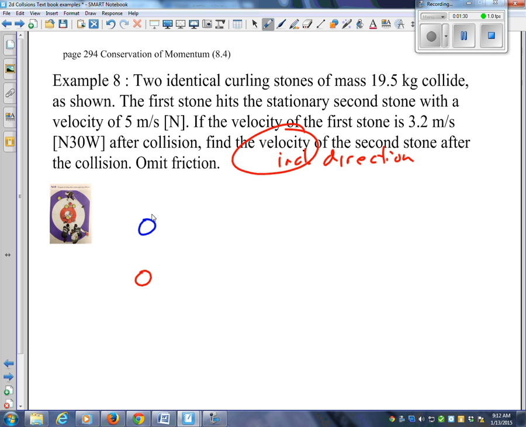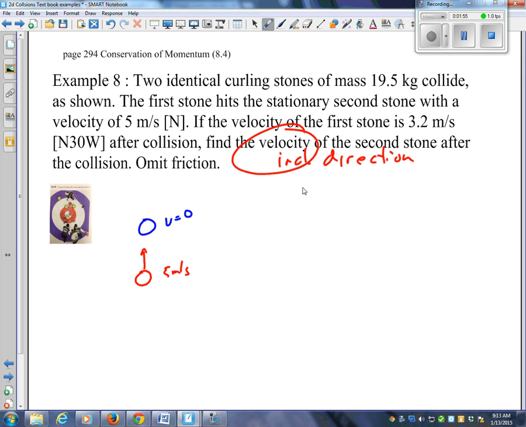Okay, so this is the stationary one. It has a velocity of 0. And the red one is moving at 5 meters per second, and it's moving straight north. But it doesn't hit the blue one head on. And so after, the velocity of the first one is 3.2 meters per second north, 30 west.